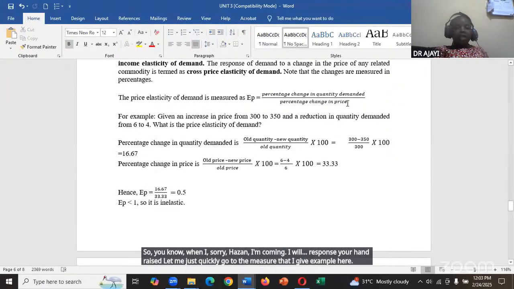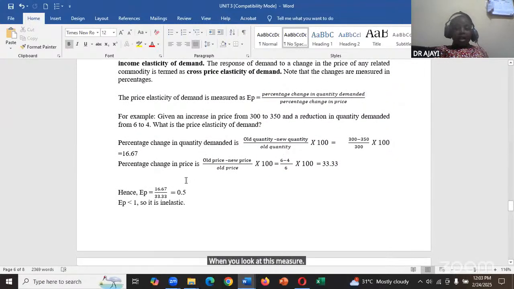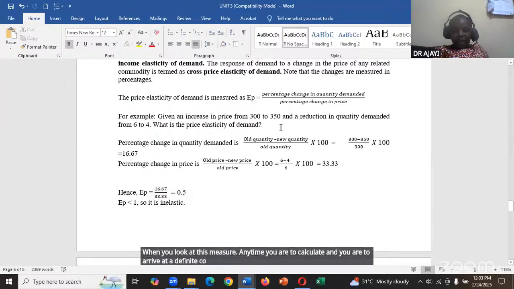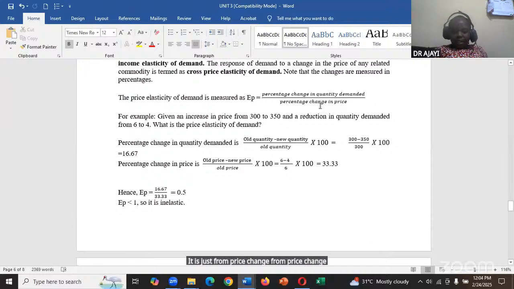When you look at this measure, anytime you are to calculate and arrive at a definite coefficient, if you look at the percentage change in quantity demanded, you will see a situation where just a small change in price, maybe from 3 naira to 2 naira, and if you calculate the percentage change in price, it's something negligible.